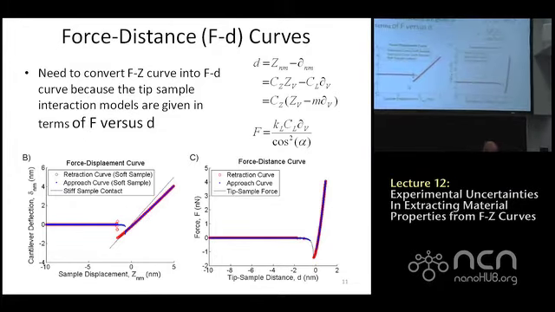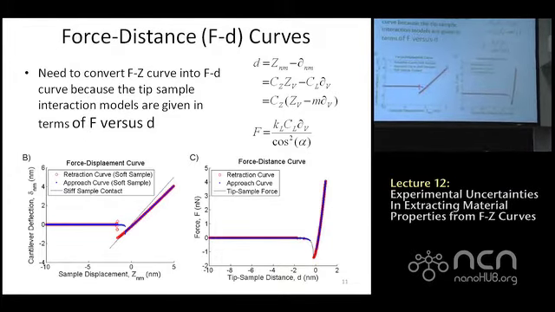A stiff contact would look like this black line here, which is at a 45-degree angle. And this difference between our F-Z curve on a stiff sample and our F-Z curve on a soft sample is our indentation. If we subtract that and plot it, we get a curve that looks something like this, where far from the sample, distance and displacement are the same, and close to the sample, they're just subtracted.